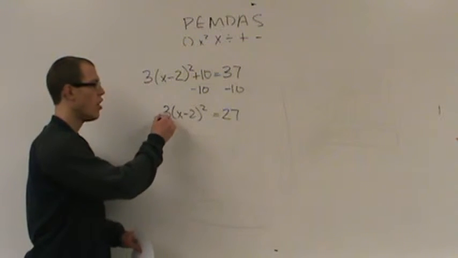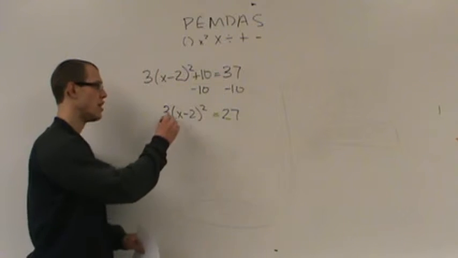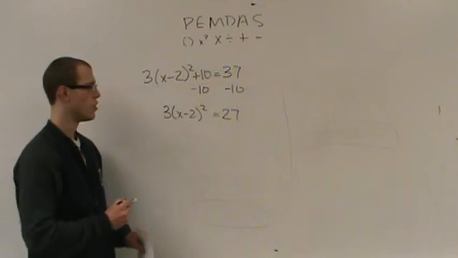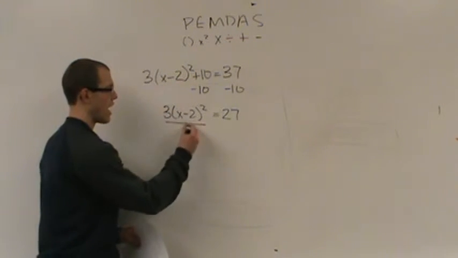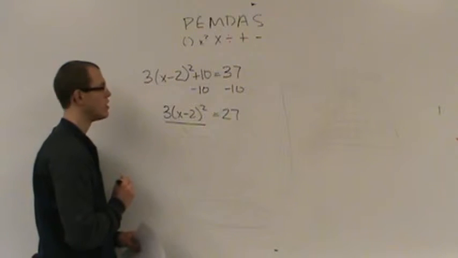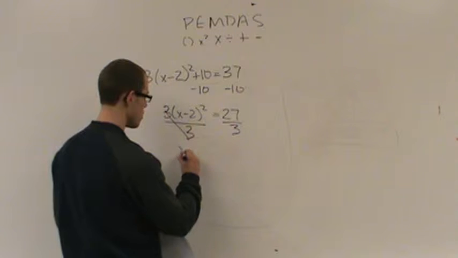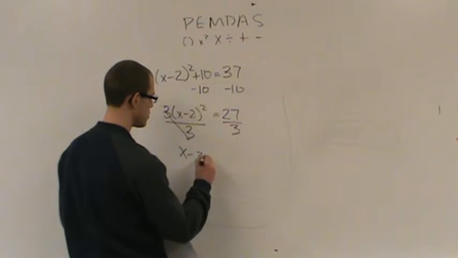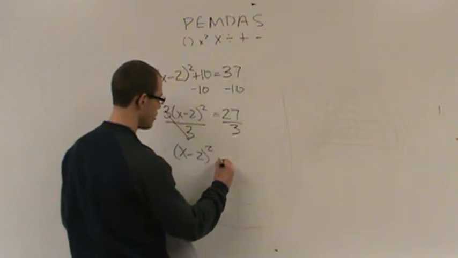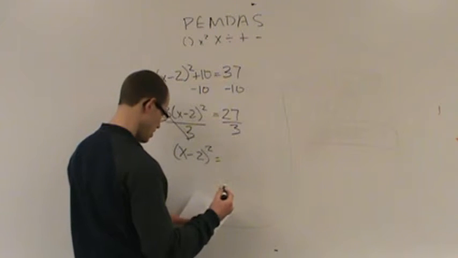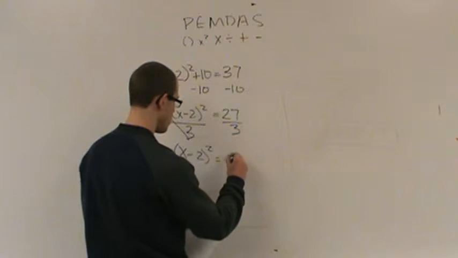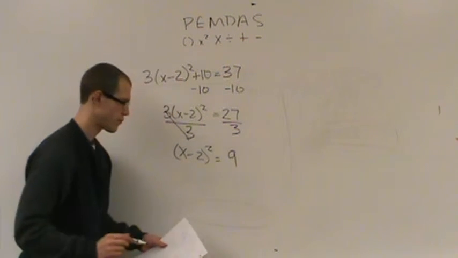We see it right here with the 3 being multiplied to the quantity x minus 2 squared. So we divide. Opposite of multiplication, division. So we divide each side by 3. So on the left, we're left with x minus 2 squared equals, and that would be 9 on this side.